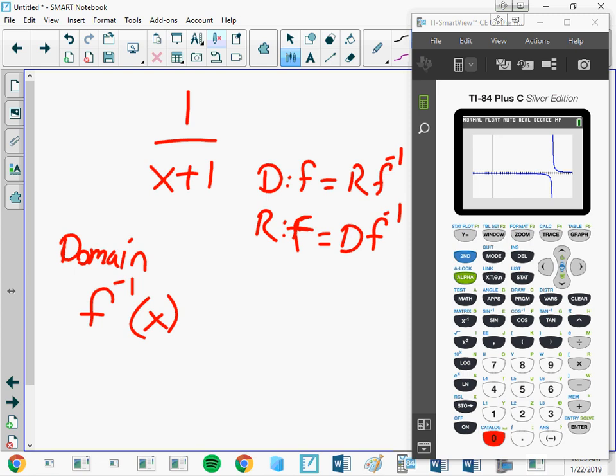Yes, when the bottom is bigger than the top, then the HA is at 0. So we know y is not allowed to be 0. And you could always graph it and see that that's the case. So what is the domain of the inverse? Everything but 0.